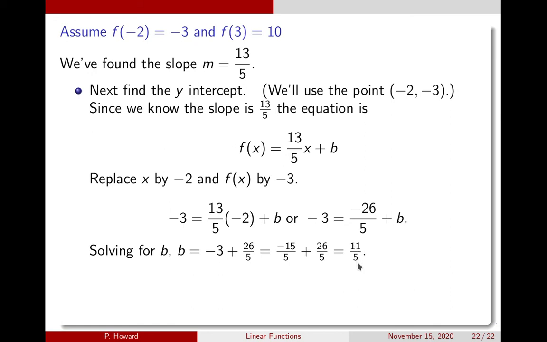This is b. We now have everything we need to write down the equation. We have the slope, which is 13/5. We have the y-intercept, which is 11/5. The formula, the equation for f of x is f of x equals 13/5 times x plus 11/5.